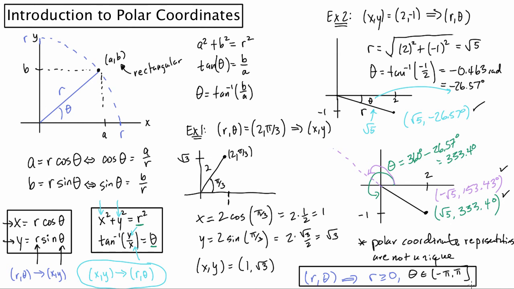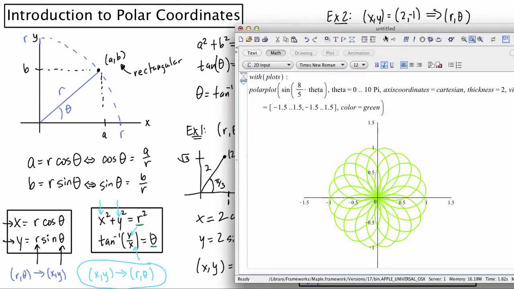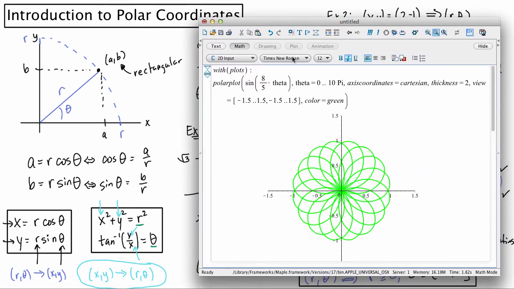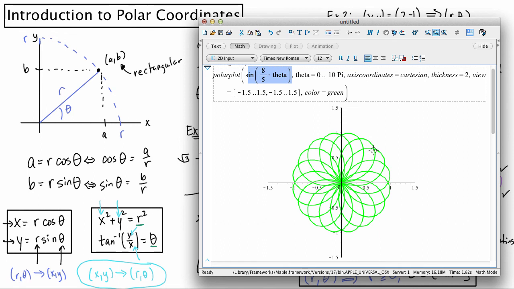I do want to take one quick second and show you some of the beautiful graphs that you can get out of this. I took the time to look at these in Maple. And so here's an example of the graph of r equals sine of 8/5 theta. When I think of polar curves, I think back to when I was a kid and you had these things called spirographs, which were these sort of cogwheel looking things that you'd stick the pencil in the middle of, and then you would run it around the paper, and it would make these sort of circular pictures very similar to this.